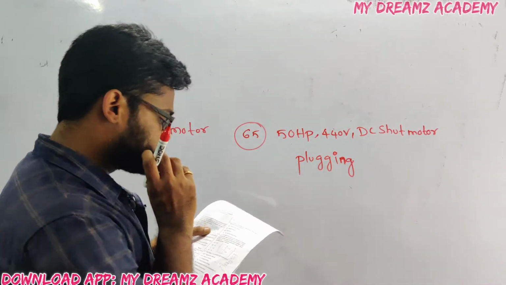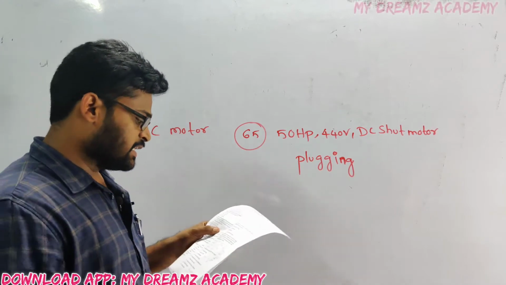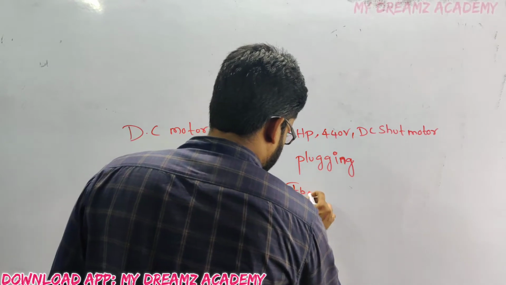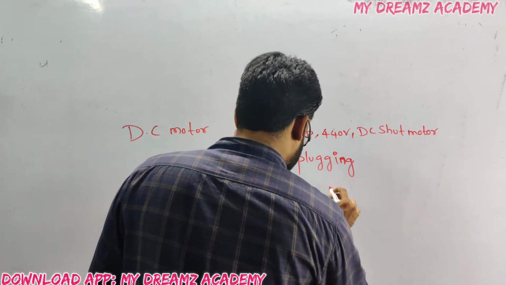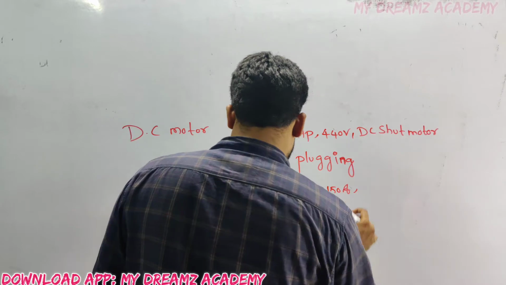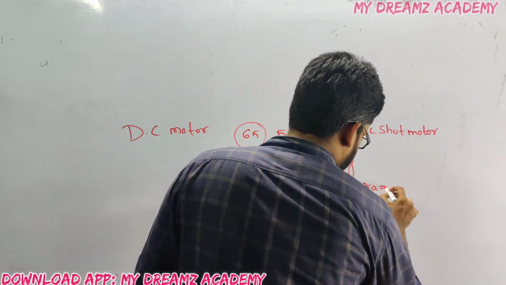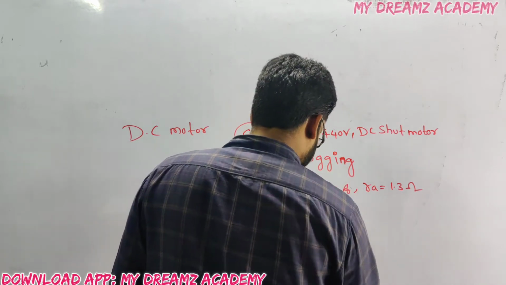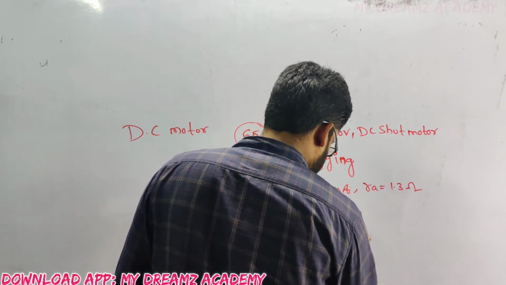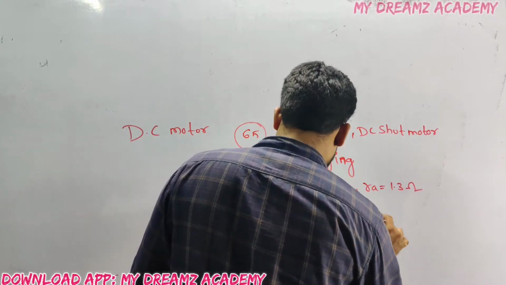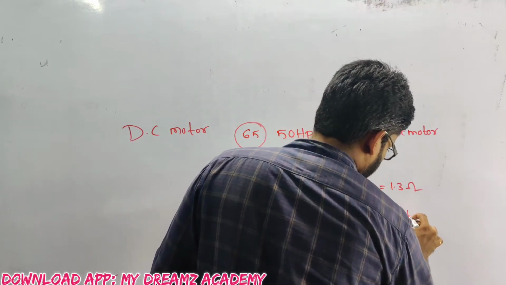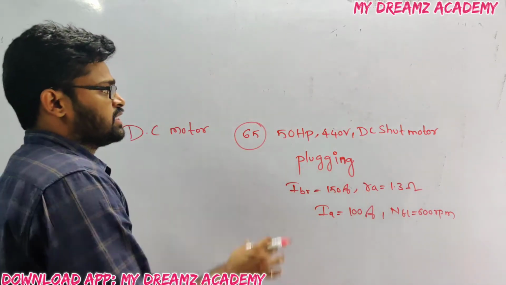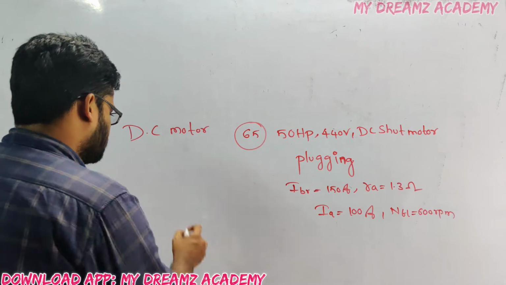Calculate the value of resistance to be placed in series with the armature circuit to limit the braking current. The braking current is equal to 150 amperes. Next, armature resistance is 1.3 ohm. Full load armature current 100 amperes. Full load speed 600 rpm. So this is the given data.